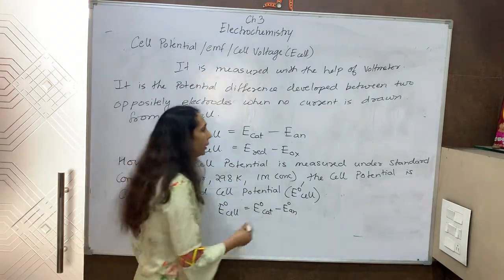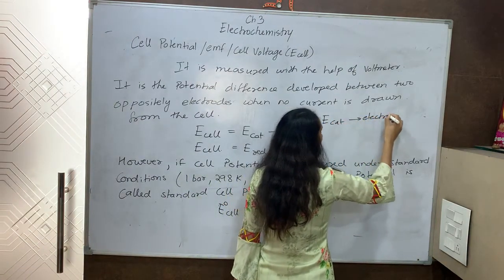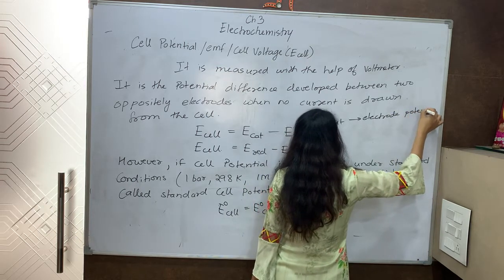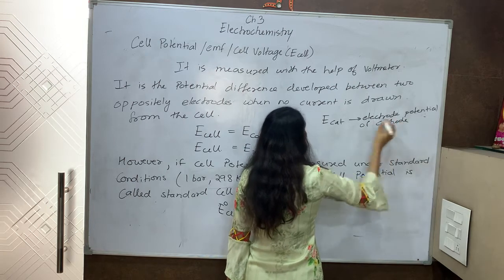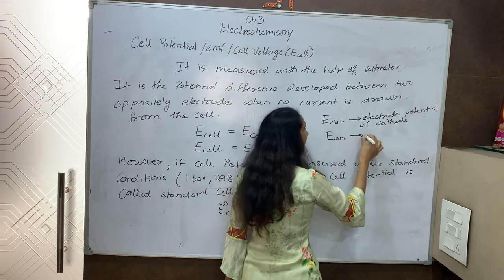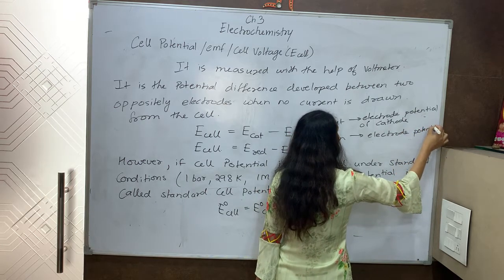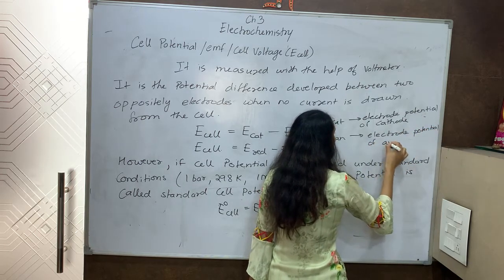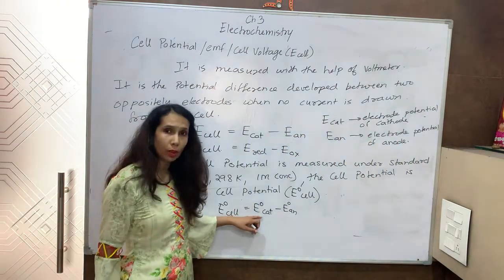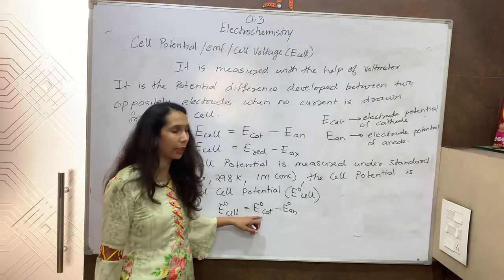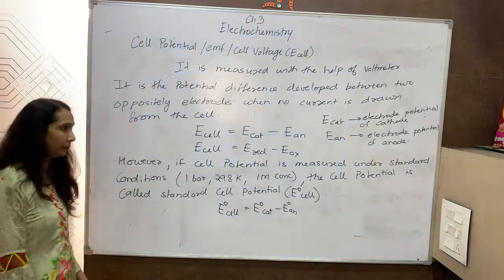So you must remember, E cathode is the electrode potential of whatever element is acting as a cathode, and E anode is the electrode potential of anode. Similarly, E naught cathode is the standard electrode potential of cathode, and E naught anode, the standard electrode potential of anode.